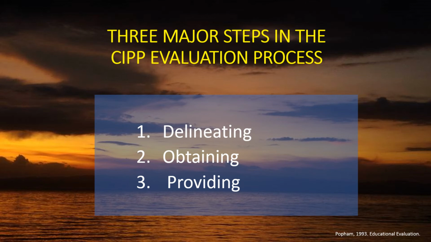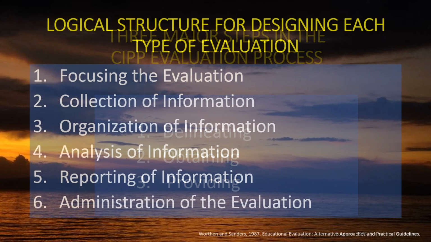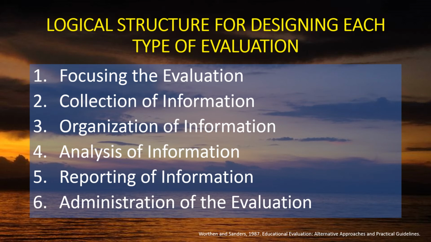Providing refers to the synthesizing of information so that it will be optimally used for purposes of the evaluation. All these three steps, delineating, obtaining, and providing, involve information and how it can best be isolated, gathered, and presented to those people who make educational decisions.